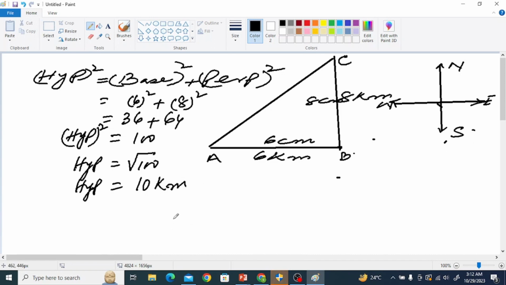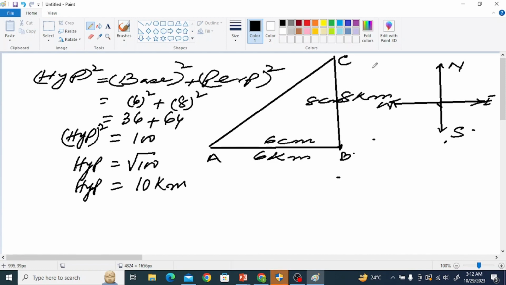So from the given condition I just drew a 6 centimeter line representing 6 kilometer due east, and then from that point in the next journey of 1 hour the cyclist covers a further 8 kilometer due north. So I have drawn an 8 centimeter line representing 8 kilometer towards north.